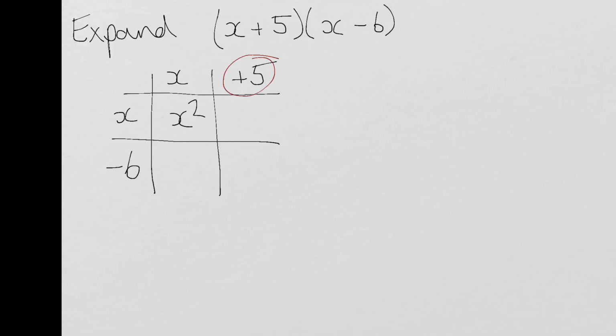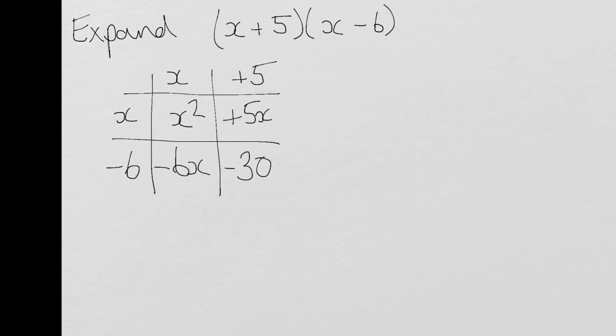If I multiply positive 5 by x, I will get plus 5x. If I multiply x by minus 6, I will get minus 6x. And finally, if I multiply 5 by minus 6, think about what's going to happen there. That's going to give me minus 30.